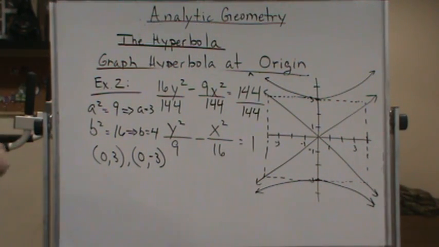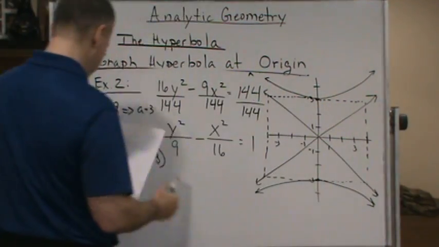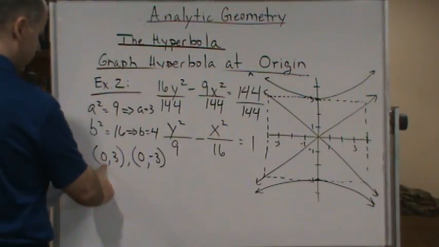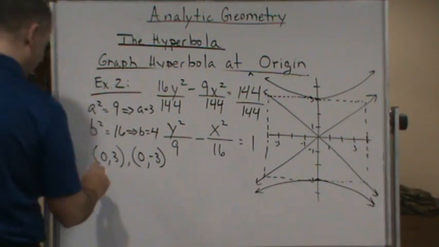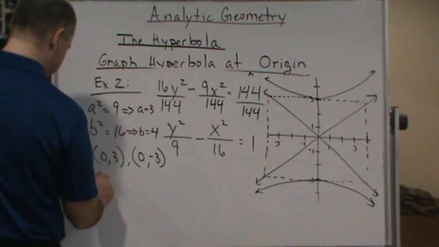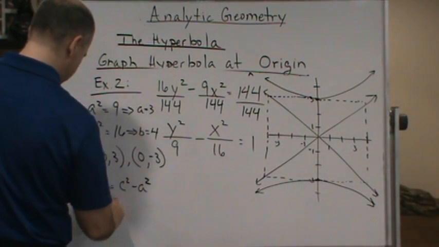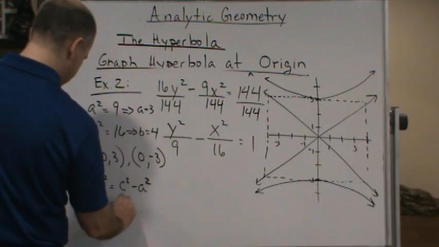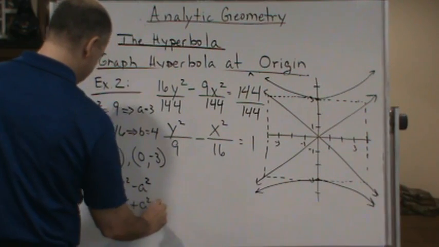Okay, now, so the center is going to be the origin, 0, 0. The vertices we found, 0, 3, and 0, negative 3. What about the foci? Well, the foci, we got to find c, so remember, b squared equals c squared minus a squared. So that means c squared equals b squared plus a squared.